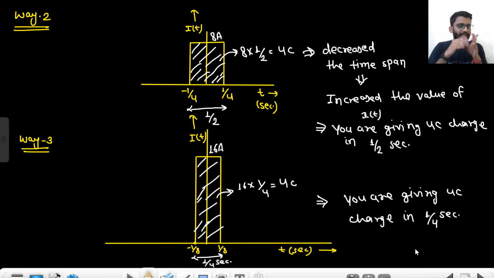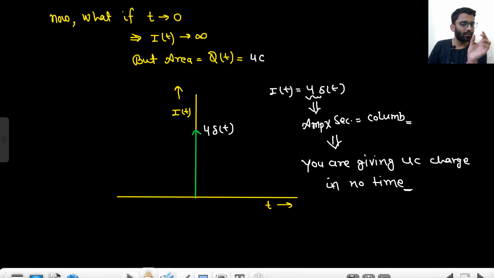So as you decrease the time span to give the same amount of charge, the magnitude of current is increasing. So in this case, you are giving 4 coulomb charge in no time, but the magnitude of current will increase very largely. So this is what infinite current means.